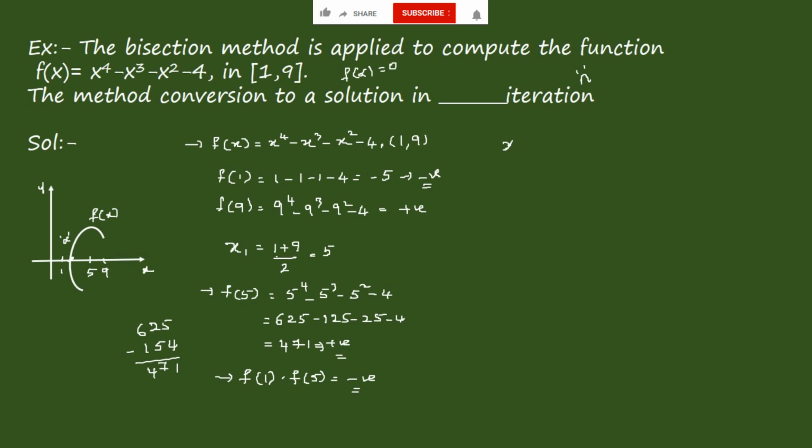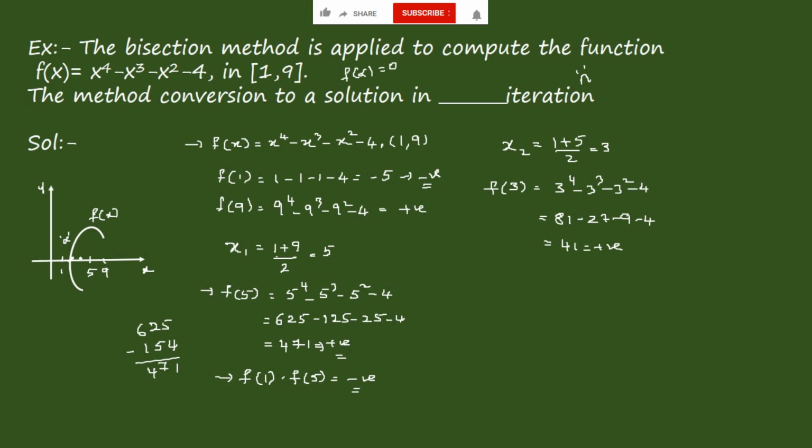Then we find the x2 value, which is (1 + 5)/2, which is equal to 3. Then find the value of f(3), which is 3^4 - 3^3 - 3^2 - 4, which is 81 - 27 - 9 - 4. This becomes 81 - 40, which is 41, a positive value only.